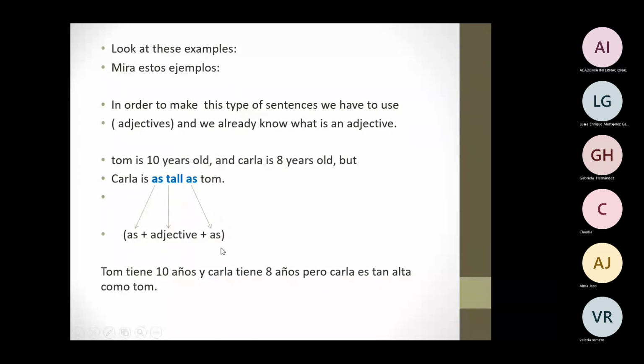So did you understand my example? Or not? So we are going to see more examples. We are going to read more examples about this. But I want to know if you already have an idea about its structure, or if it is confused.